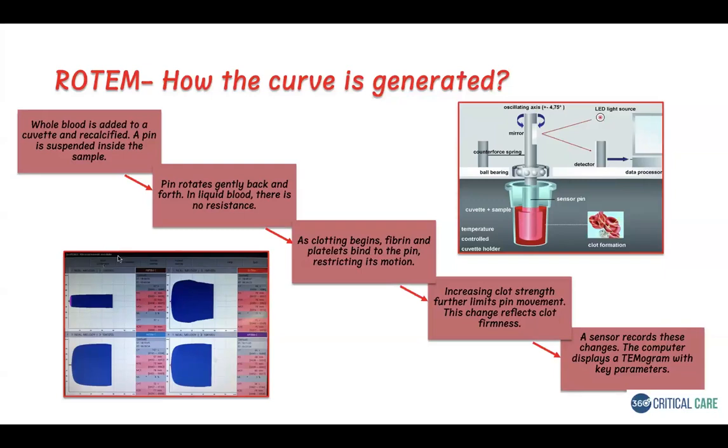So that's the whole principle of Rotem, how this curve is generated from this pin that rotates inside the blood. Depending on how firm and how quickly the clot is formed, the character of that curve changes. And we look at that in a pictorial manner with the numbers beside them showing different parts of the coagulation.